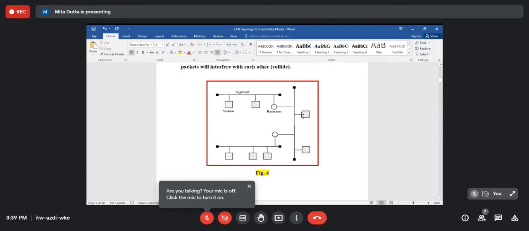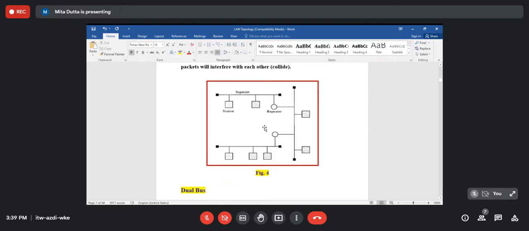Similarly, if this station wants to send information to this station, the repeater will again accept the information from this segment and send it to the other segment. So in this way, we increase the size of the local area network in bus topology.